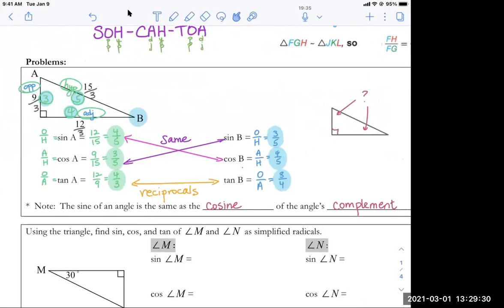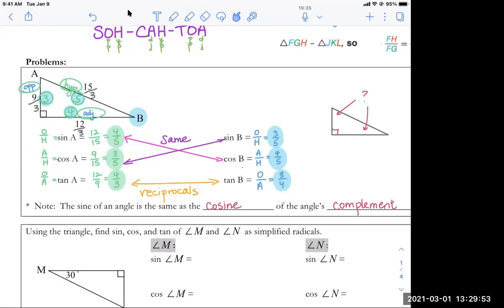Now, someone I haven't talked to today, tell me why it makes sense that the tangents are reciprocals. Why are the tangents reciprocals? Because we're not using the hypotenuse, and so it's just the opposite and the adjacent.